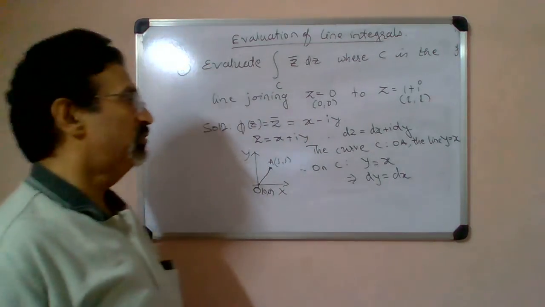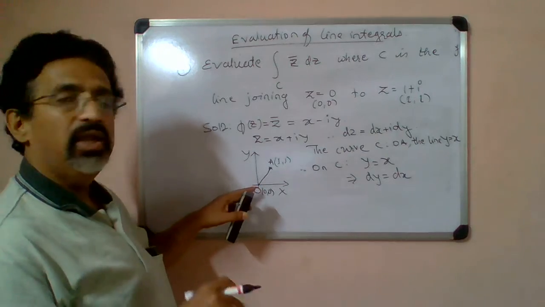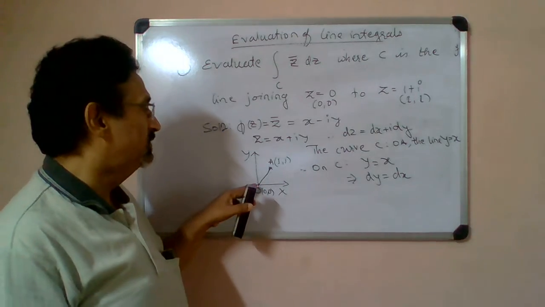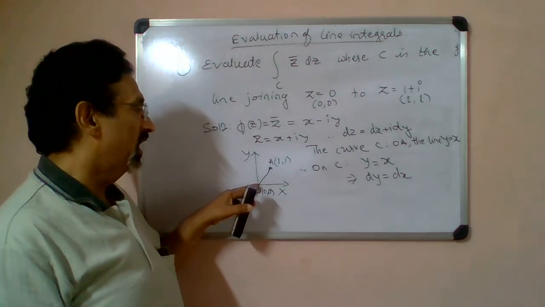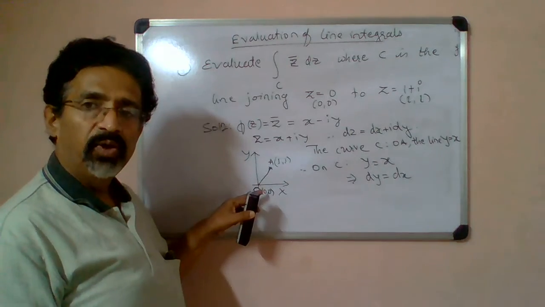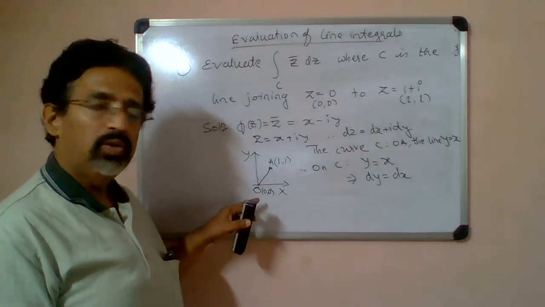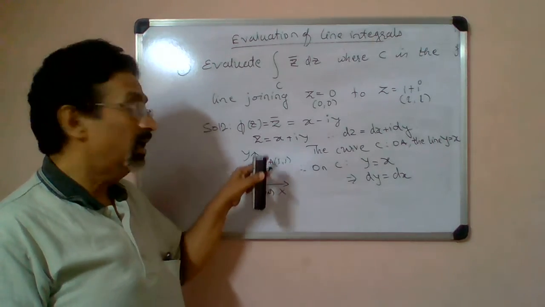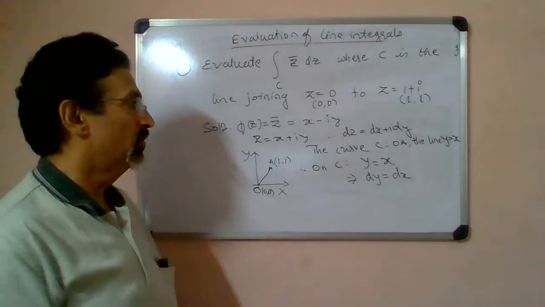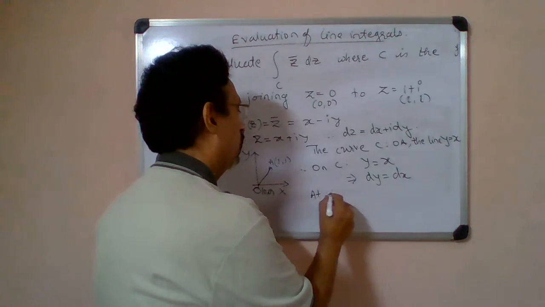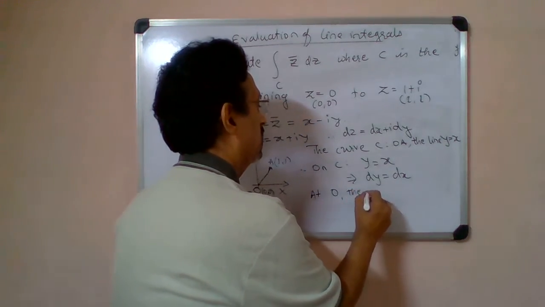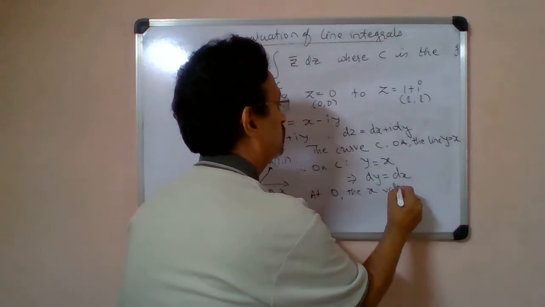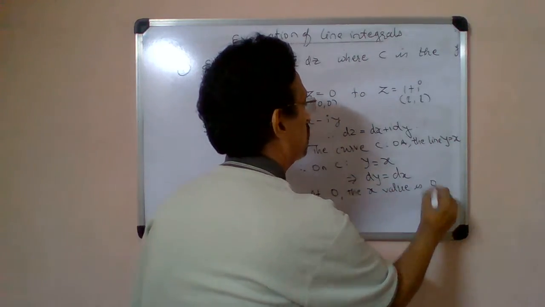Then what is the value that x takes? What is the starting point? O is the starting point. What is the x value at O? It is 0. The end point is A. What is the x value at A? At O, the x value is 0.